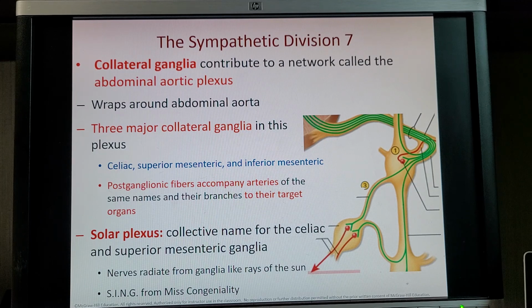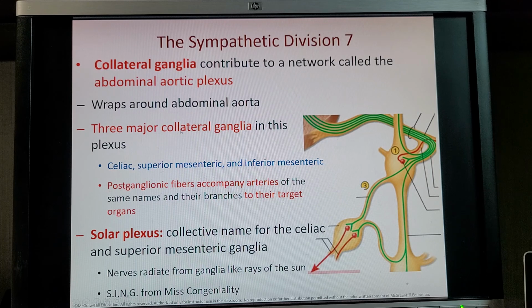When that blood vessel crosses underneath your lungs with your diaphragm, which is the muscle that helps you breathe, once it passes that and gets to your stomach region, it's called your abdominal aorta. So it just changes name depending on where it is. Hanging around that, using that structure in order to get to more lower areas, is just how it's arranged for these collateral ganglia.